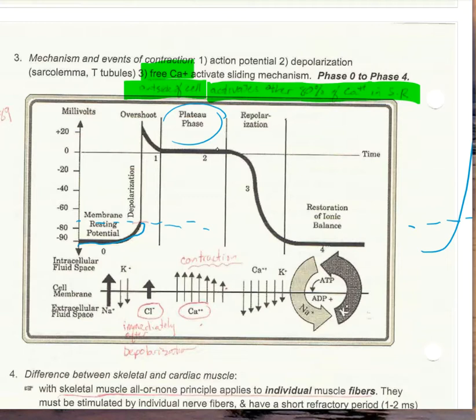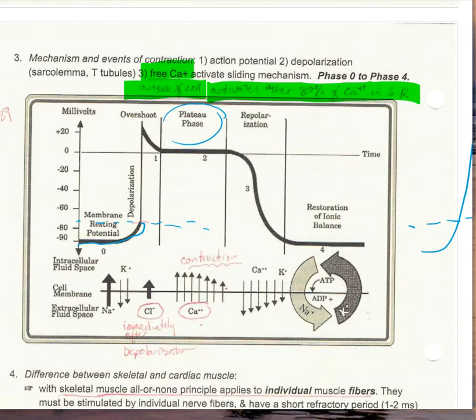But then, as we start to repolarize, the calcium goes back into the sarcoplasmic reticulum and goes back outside the cell. The potassium continues to go in the other direction. Our pump works just like we had before, and we get restoration of ionic balance, and we can go ahead and we can do this all again, right? So we know now there's a couple differences.